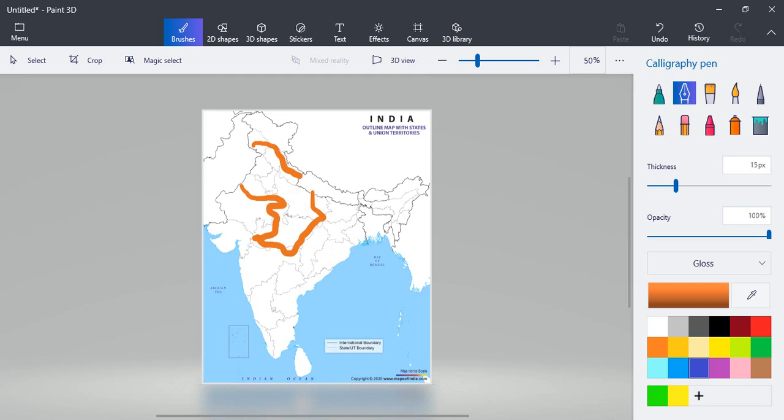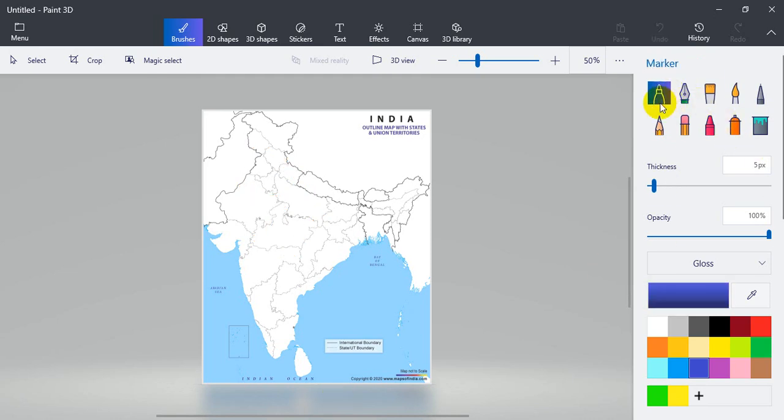Now the next map is there. The next part of agriculture is to plot the important states for the crops. In this map we are going to plot the major producing states for some of the crops.